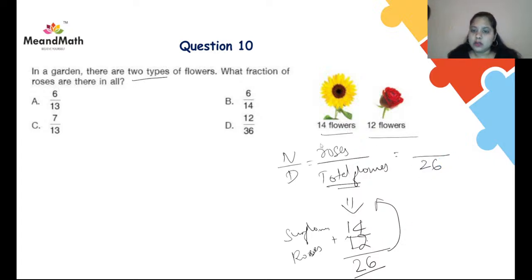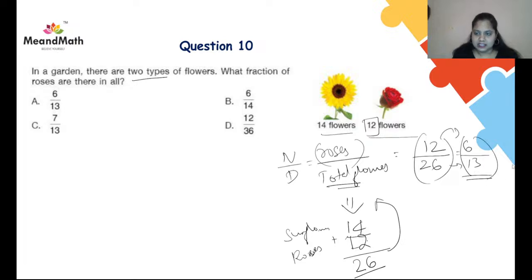Now, how many roses are there? 12 roses are there. So the numerator is clearly 12. Now you can see that 12 and 26 can both be divided by 2. 12 will become 6, and 26 will become 13. That is, we are reducing this fraction to 6 by 13.